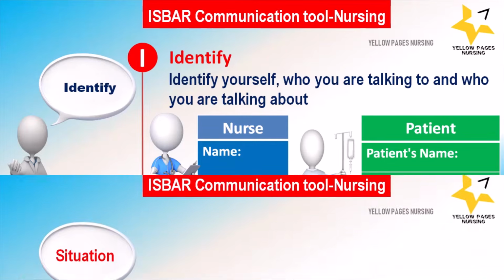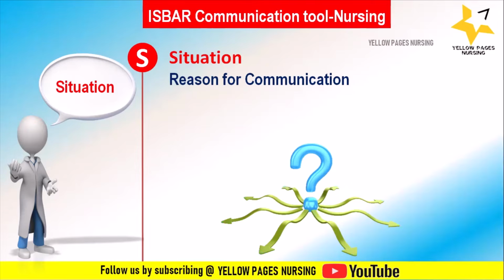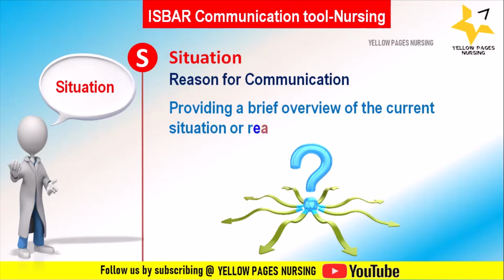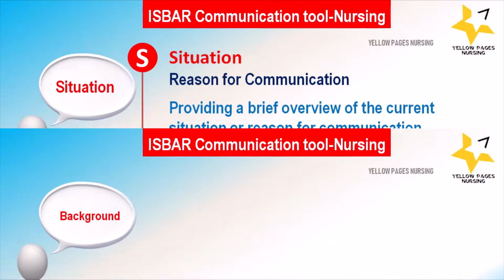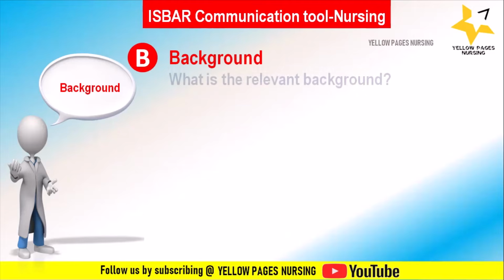Now next comes situation. It includes providing a brief overview of the current situation or reason for communication. Some outline the patient's name, age, along with reason for communication. Now next comes the third component of ISBAR, background. What is the relevant background?